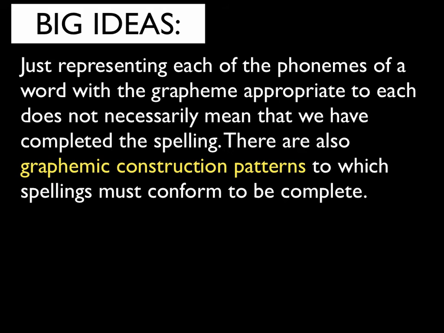First of all, the big ideas around this theme are that there are phonemes within graphemes that are appropriate and necessary, sort of the sounds that you see based on the letters. But there are also graphemic construction patterns to which spellings must conform to be complete.